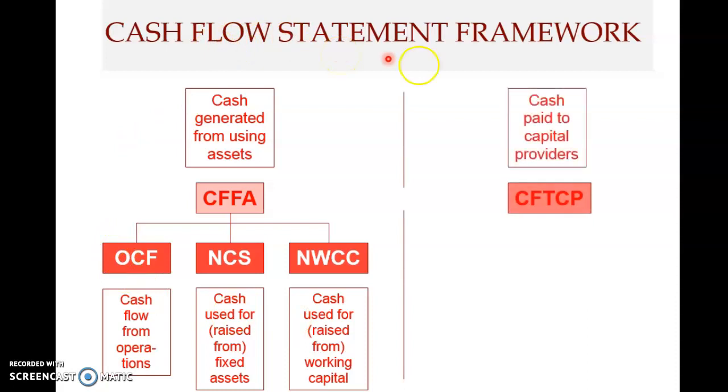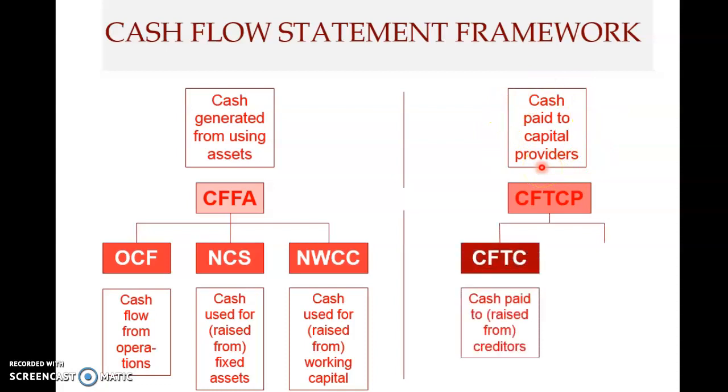Now, on the right-hand side, you have cash paid to capital providers. Cash flow to capital providers is made up of two components. The first component is cash flow to creditors. This is cash paid to or raised from creditors.